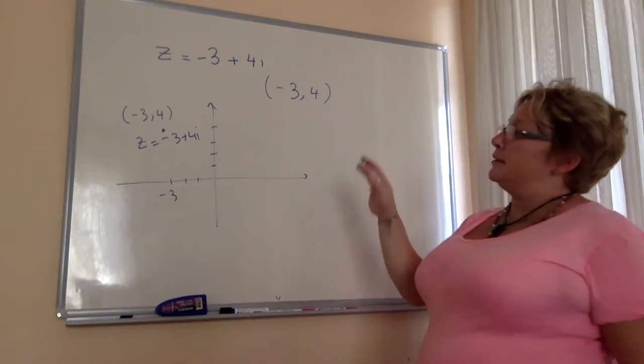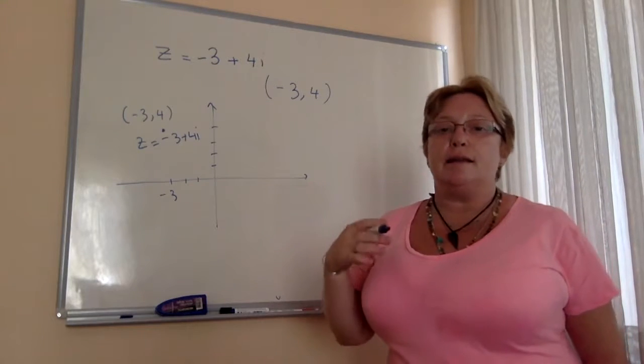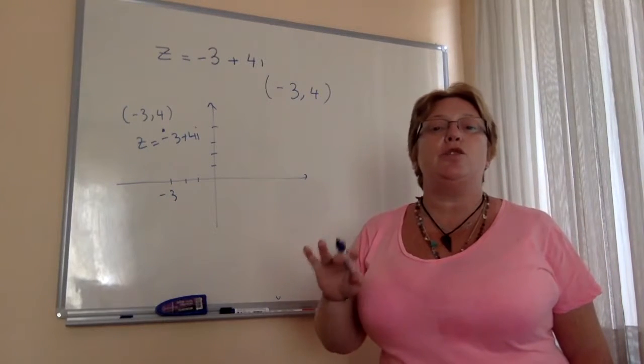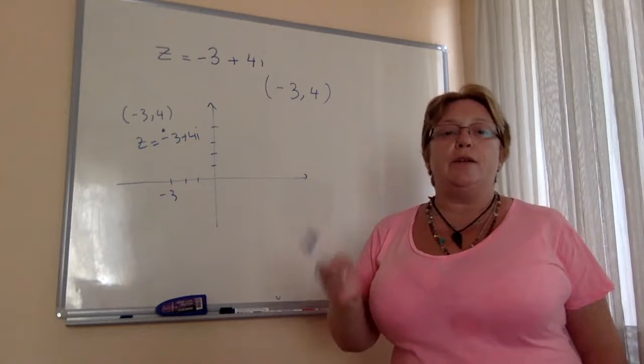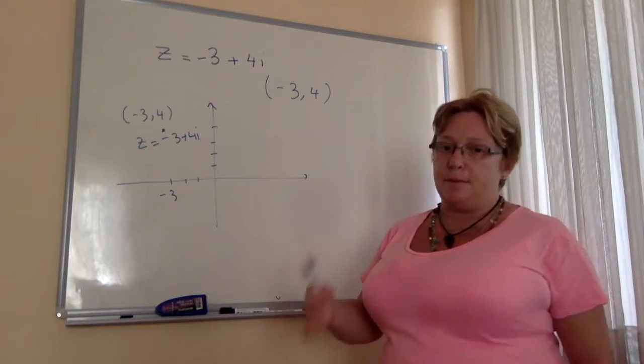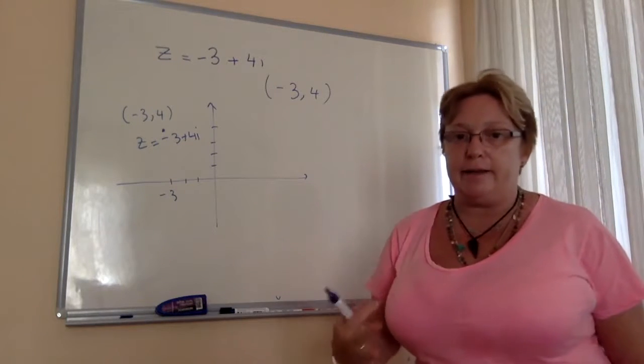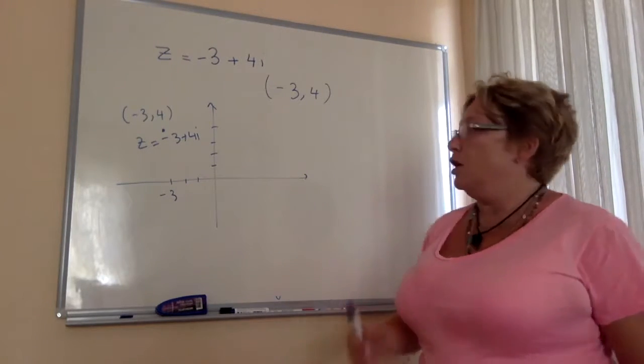Now, based on this number, I can also define its conjugate. The conjugate is going to be especially useful when we do division with complex numbers. We're going to use the conjugate of a complex number directly in the process of division. Okay?